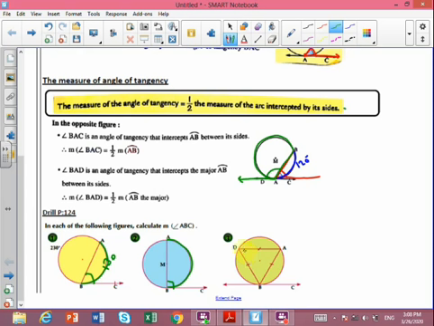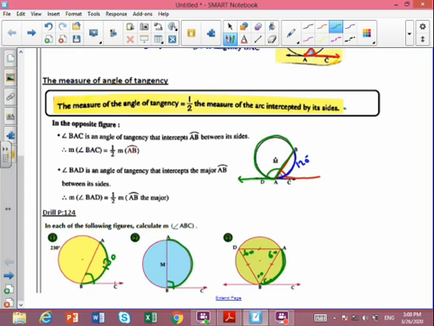This one is an equilateral triangle, so each angle equals 60. I want angle ABC. It is equal to what? Yes, it is also equal to 60 degrees. Why is it equal to 60? As you see here, it is equal to half the measure of this arc, right?